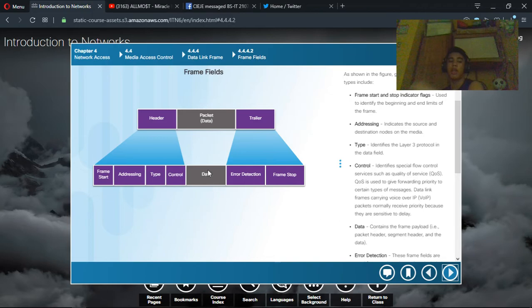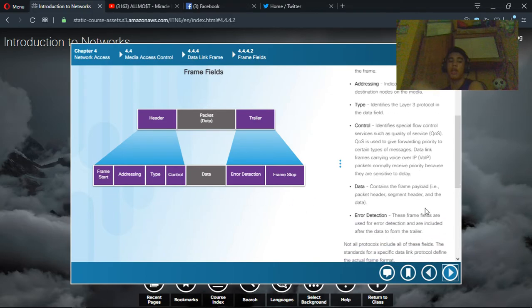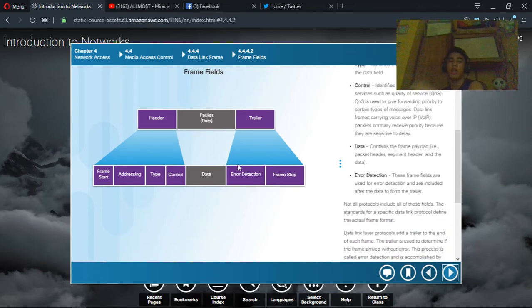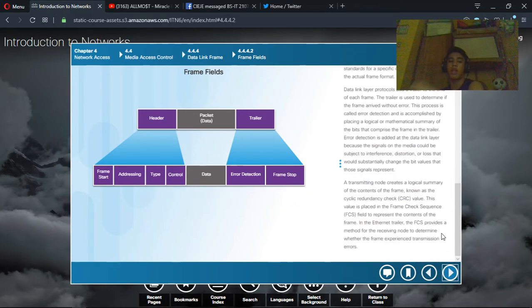Then the data contains the packet. The trailer includes error detection, which is used for error detection, and the frame stop, which is the last part of the trailer.